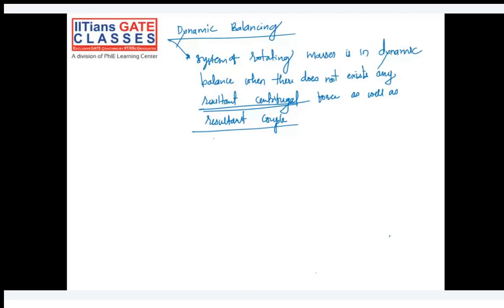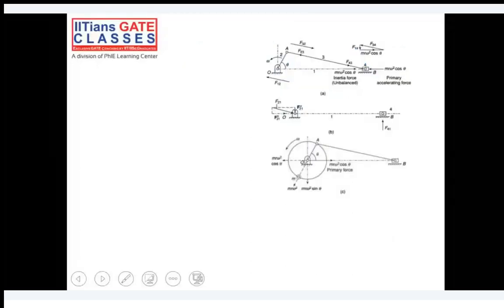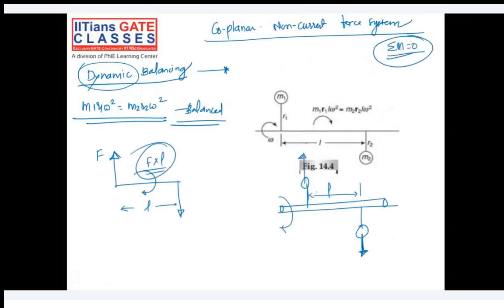So what you can do here is generate a counter couple, and that counter couple will help you to balance it. So what is the value of the counter couple? I'll go to the next slide.